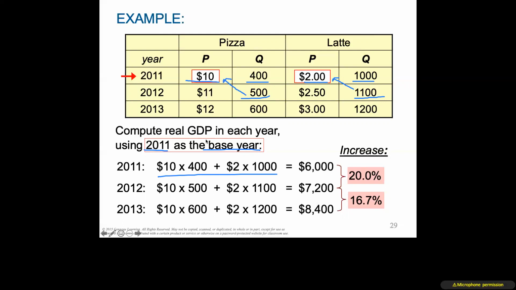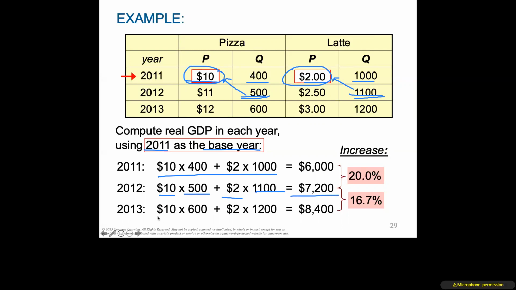So you use the $10 from the base year times the quantity of the year, and the $2 for the lattes times the quantity for the year, and you're going to get a slightly different GDP.